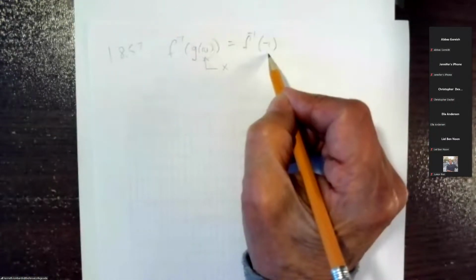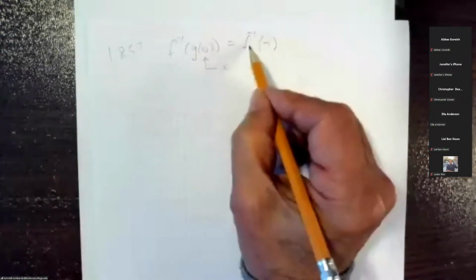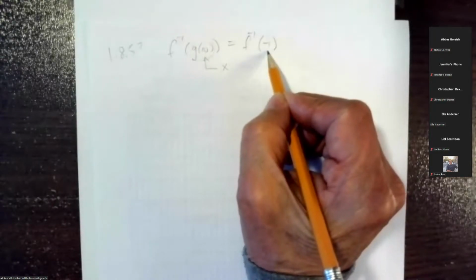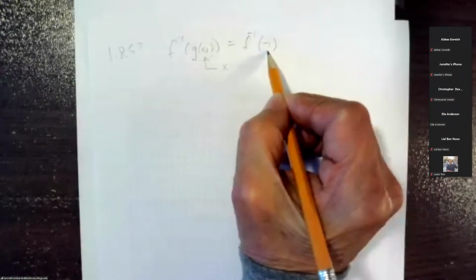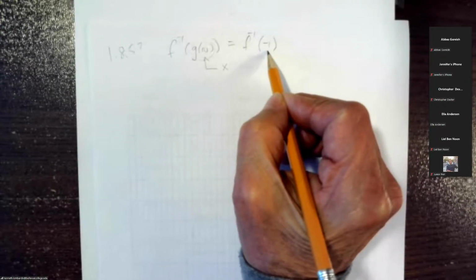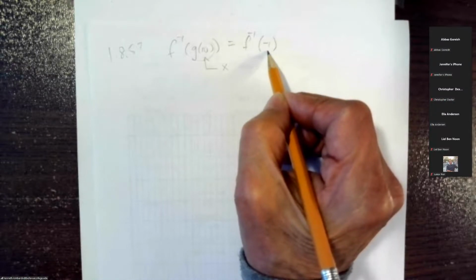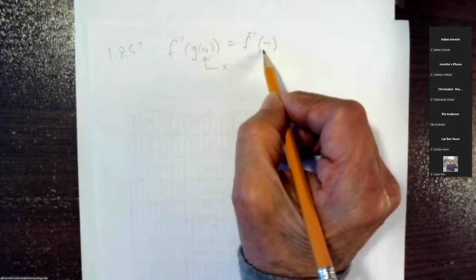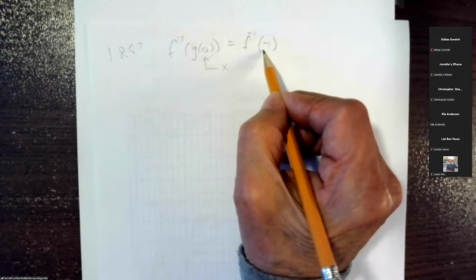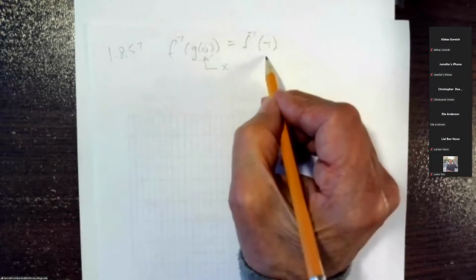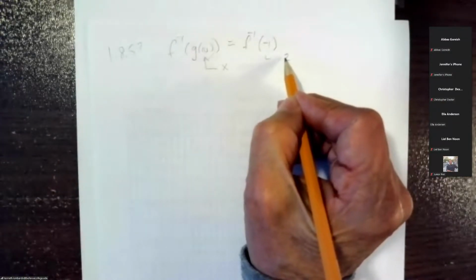And then the inverse of F evaluated at -1 is going to be what? Would it be 2? Correct. So the inverse of F evaluated at -1 shows us this value here. So we're going to get X equals 2.